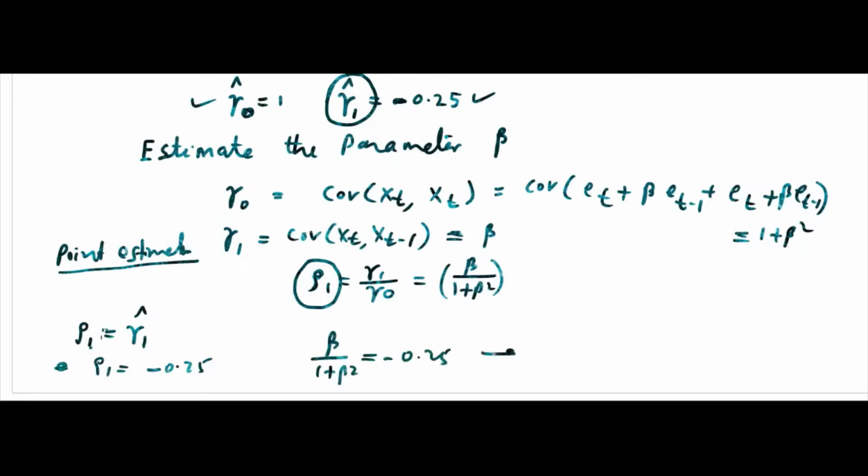You solve this quadratic equation, and beta will be minus 0.268, or it will be minus 3.732. These are the values, you can check it. So once you get beta, of course you can choose the beta you want. Maybe you will get multiple betas, sometimes one beta.